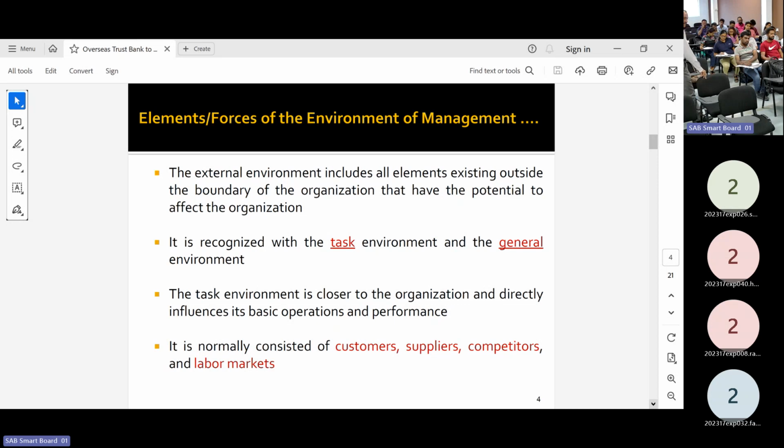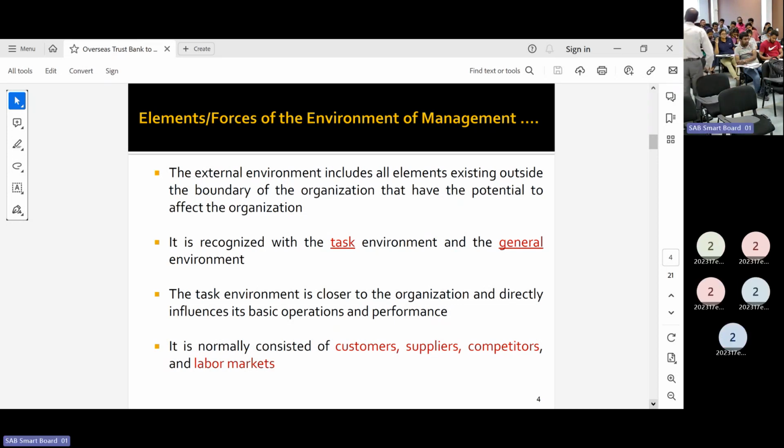Then suppliers also, based on the process, the channel, the supply chain, can provide raw materials, components, and other facilities for an organization. Therefore, they are not second to the customers, no? Even sometimes suppliers would be customers for some organizations. Suppliers can be individuals or another firm.